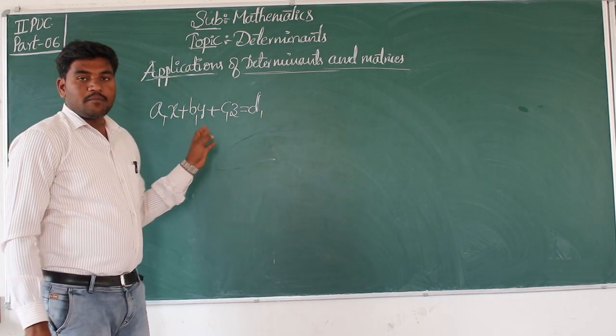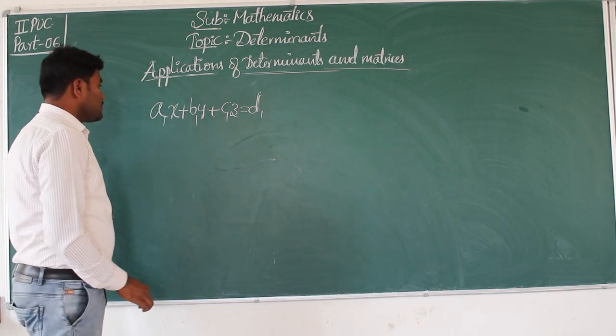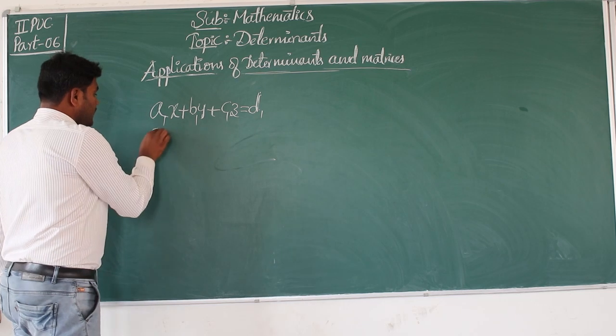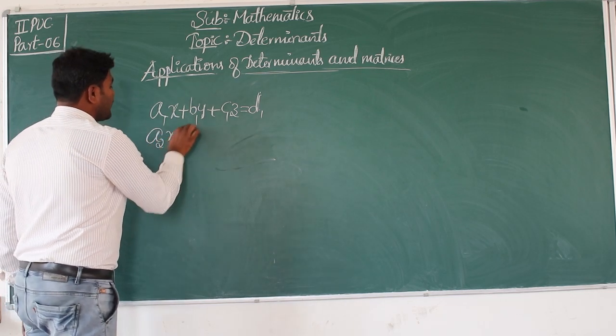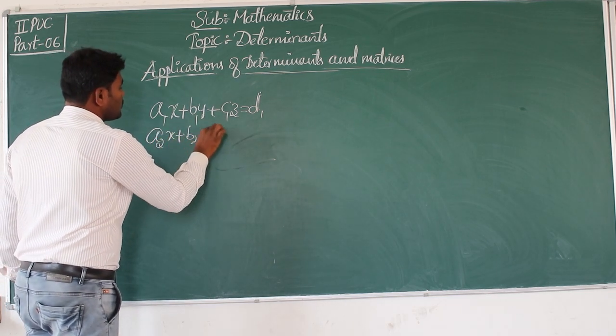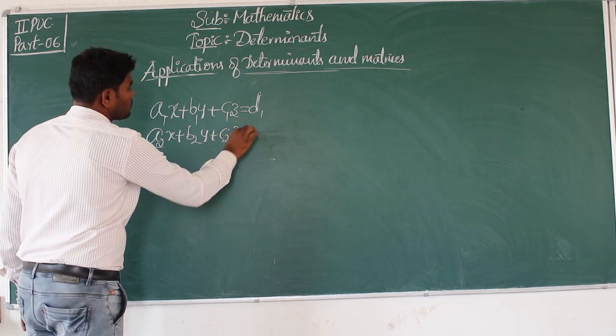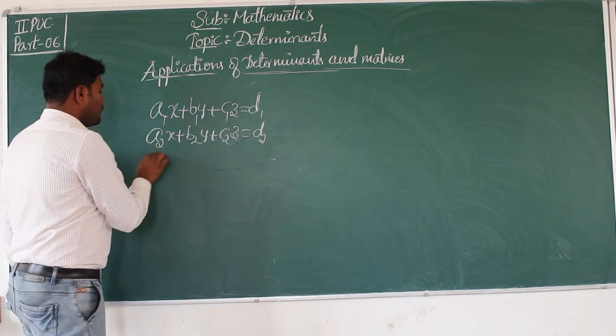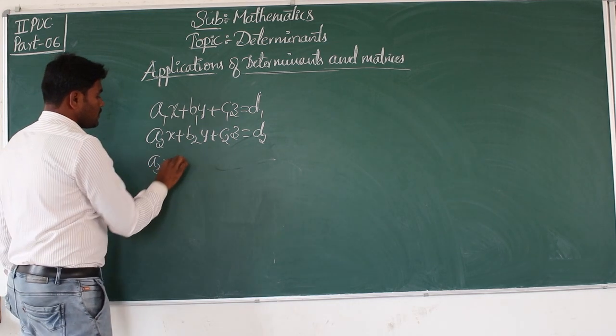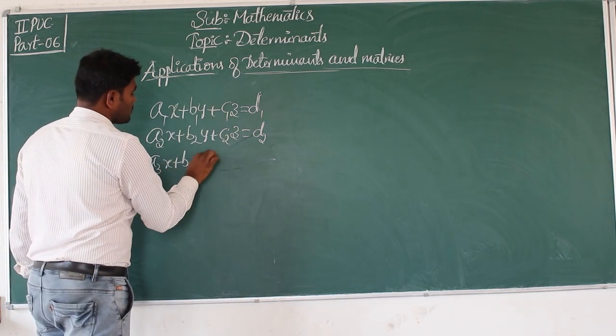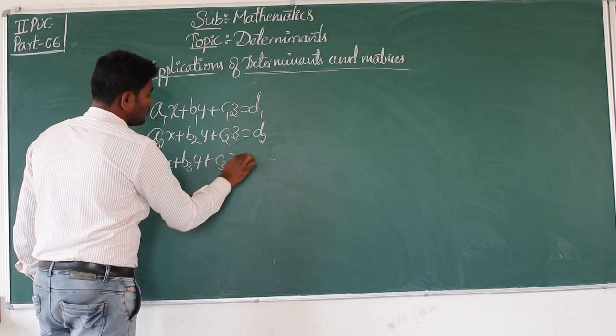A system of equations means it contains a number of equations. So the second equation is a2x plus b2y plus c2z is equal to d2, and a3x plus b3y plus c3z is equal to d3.